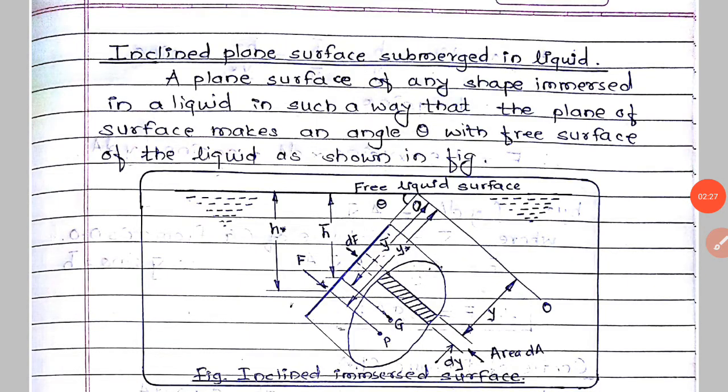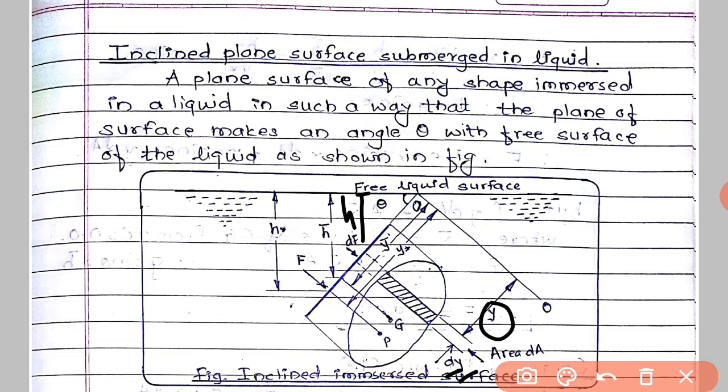Now this strip will be at a distance of small h from the free liquid surface, and at a distance of y from the O dash O axis. The area of the strip will be dA and the thickness of that strip will be dy. So we are considering O dash O as the axis.